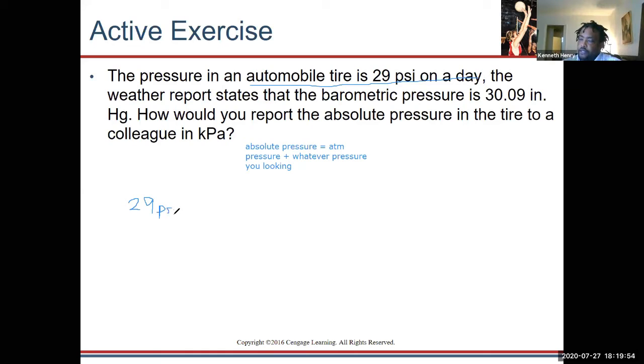And what do we know about psi and atmospheres? There is 14.7 psi per 1 atm.